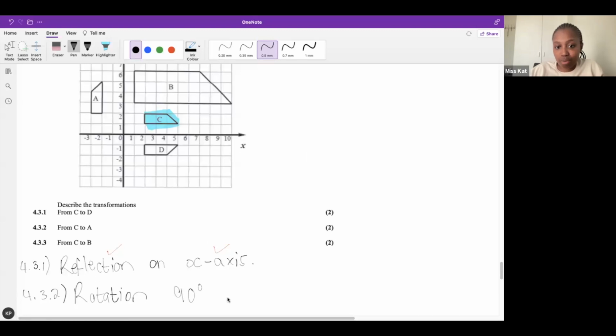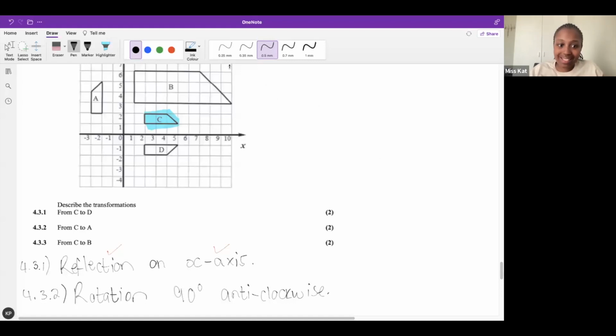I don't know why Abu got cold feet. 90 degrees anti-clockwise. Guys, think of a clock. How does a clock tick? That way. But this was turned backwards. That is the opposite way of the way the clock turns, right?